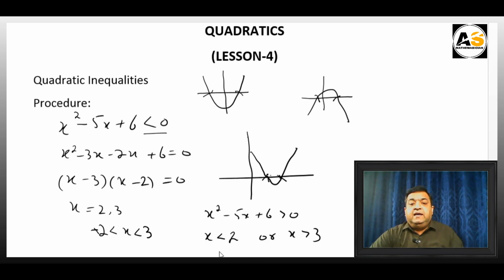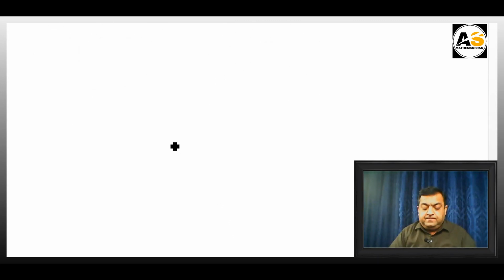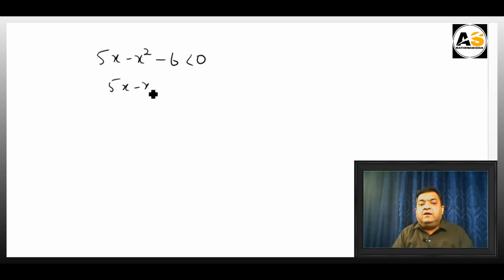Let us observe the second case. In the second case, we will solve the inequality like this: 5x minus x square minus 6 is less than 0. Again, we will form an equation and find its roots.